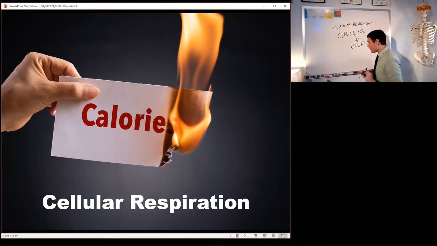But in that process, kind of behind the scenes here, we're also going to make ATP, the energy currency of the cell. You guys remember ATP from the metabolism side.